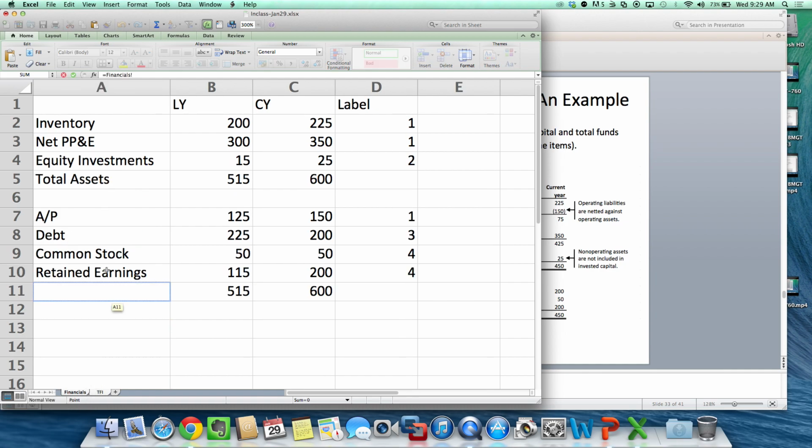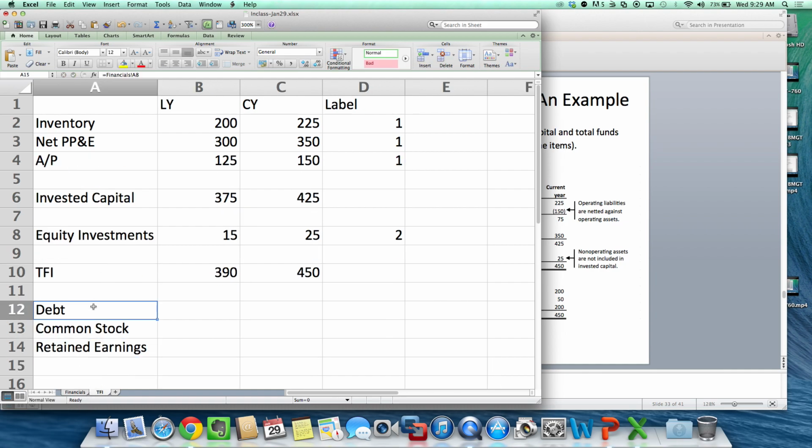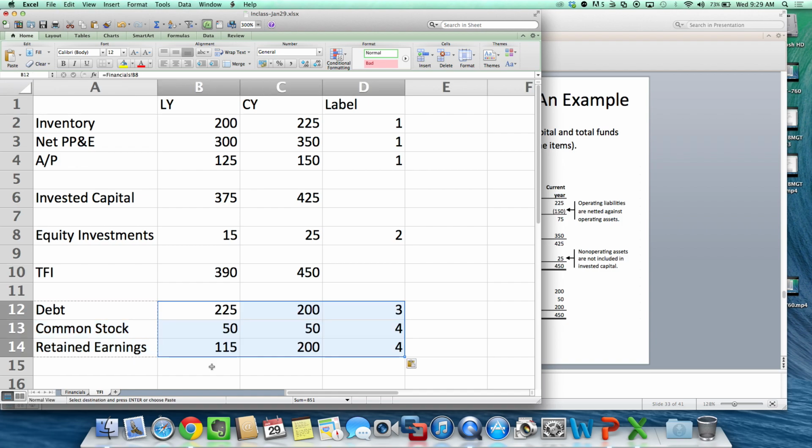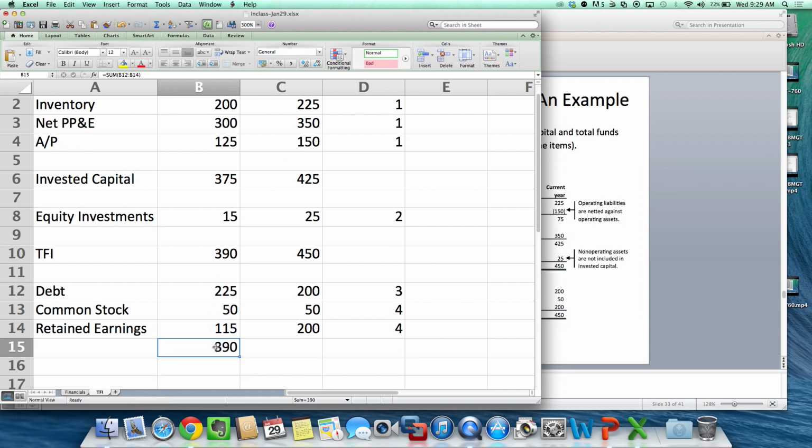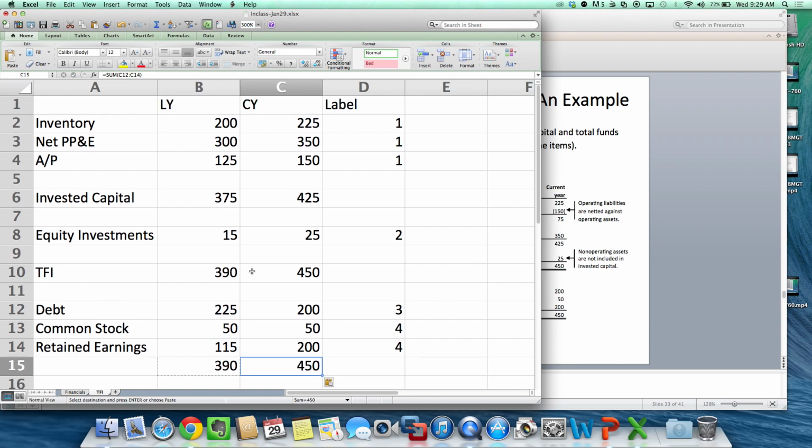When I sum up my 3s and 4s, they equal my 1s and 2s. Total funds invested. This is my rearranged statement.